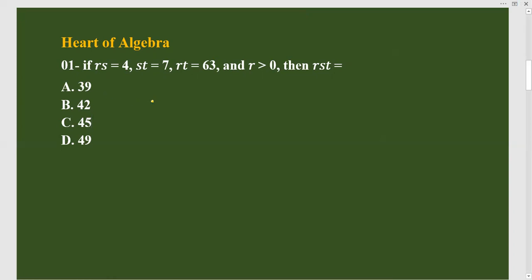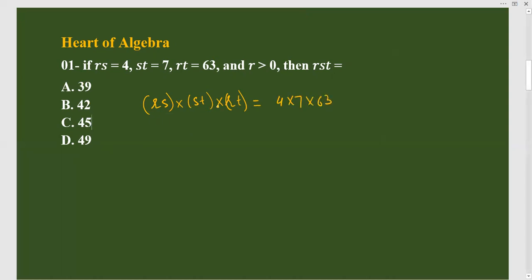We will multiply these: rs into st into rt. If we multiply these numbers, 4 into 7 into 63, so what will we get?